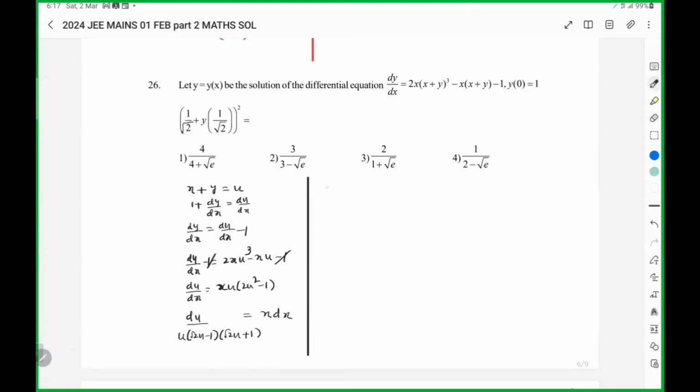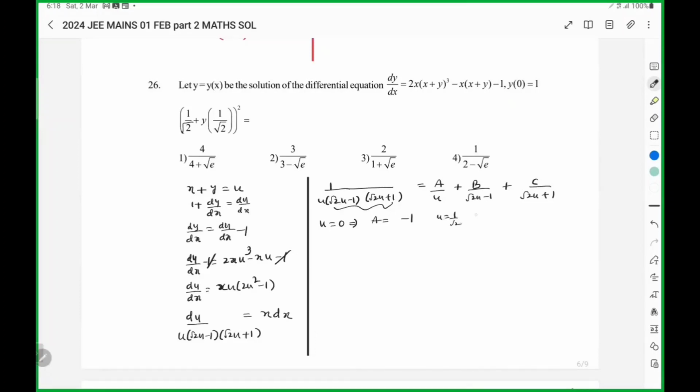So here, if you resolve into partial fractions, a by u plus b by root 2u minus 1. Put u as 0, after taking LCM, a becomes... in the remaining part you substitute 0. Put u as 1 by root 2.